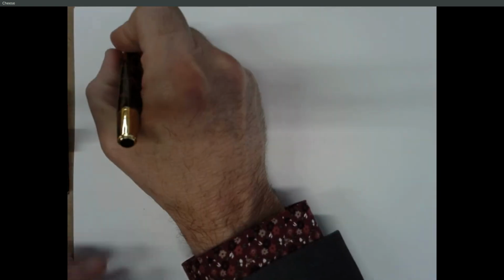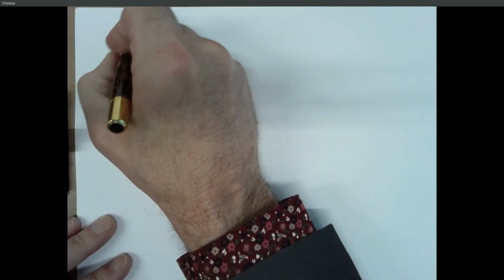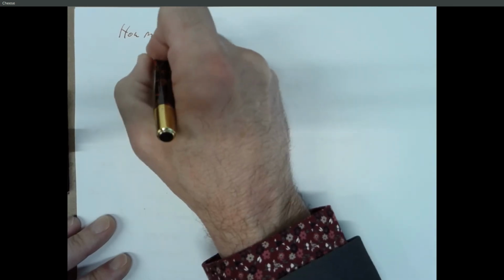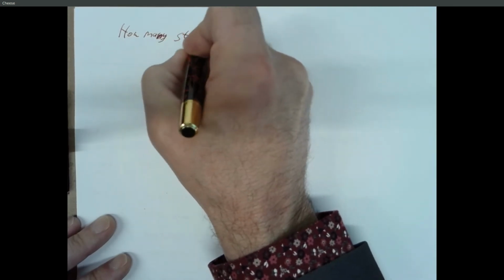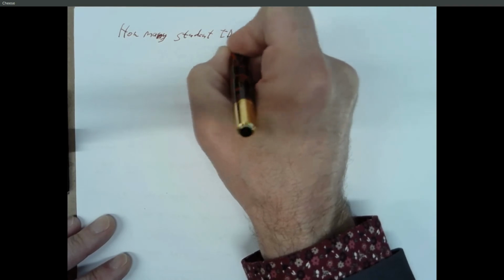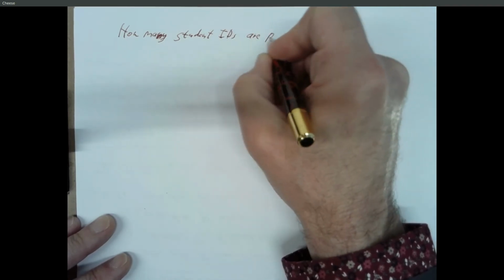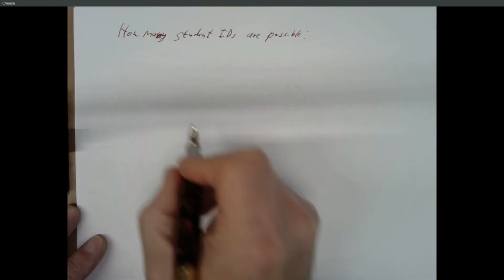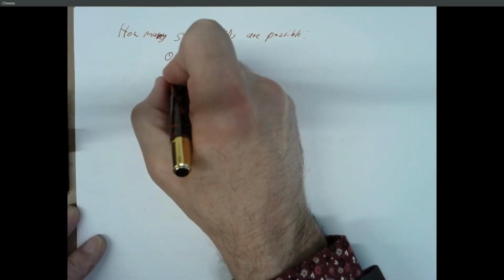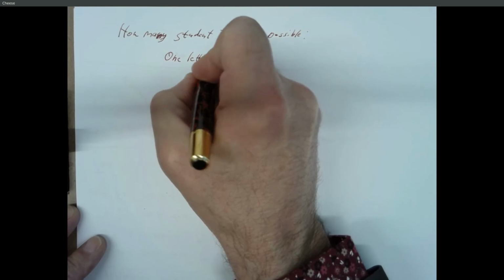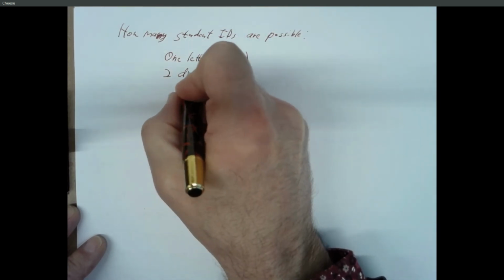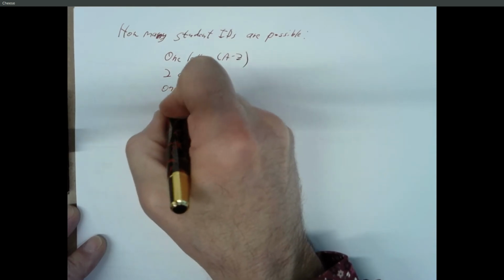Okay, so student IDs. So how many student IDs are possible? Where a student ID looks as follows. It's one letter, A through Z, followed by 2 digits, followed by 1 letter.